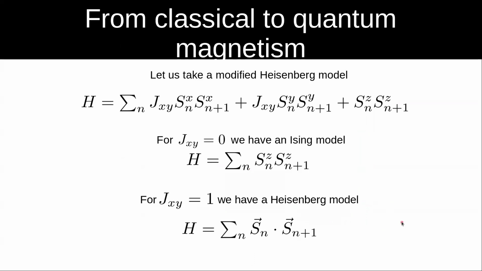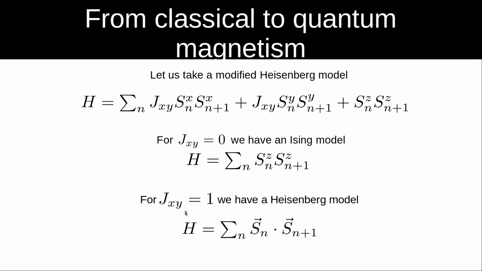Okay, so to start with, let us think about a slightly generalized Heisenberg model. So we are going to take a Heisenberg model where the couplings between the x and y directions are different from the couplings in the z direction. And the interesting point about this Hamiltonian is that you can think that this Hamiltonian describes a family of Hamiltonians that in one limit is a purely classical model, namely the Ising model that we discussed before, and in another limit, this corresponds to the purely quantum Heisenberg model.